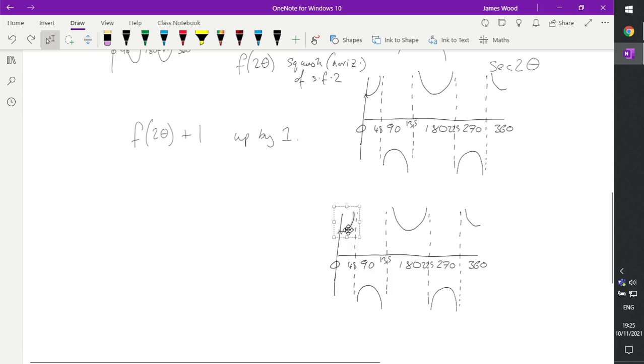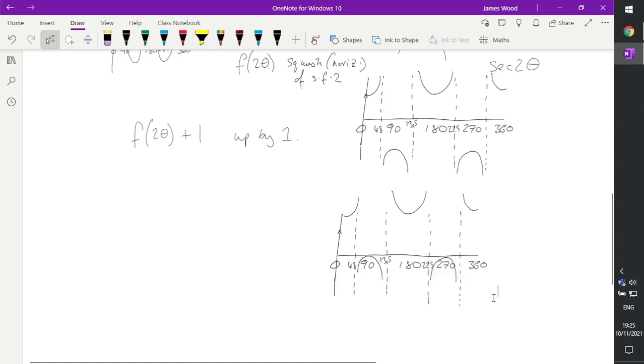So instead of going through 1, it's going to be up here at 2. Same with this bit here, it's going to be up at 2 instead of 1. This branch here is also going to be as high as 2. This one, this was at -1 down here. So if I move it up, it's going to be at 0. And the same with this part here.